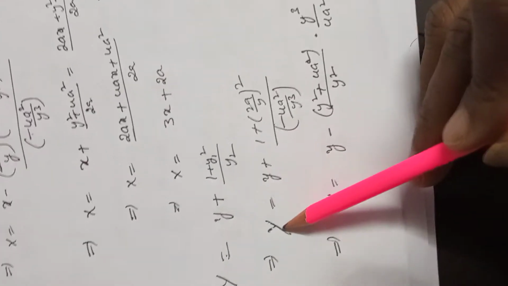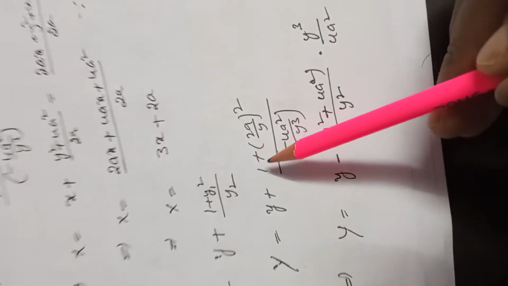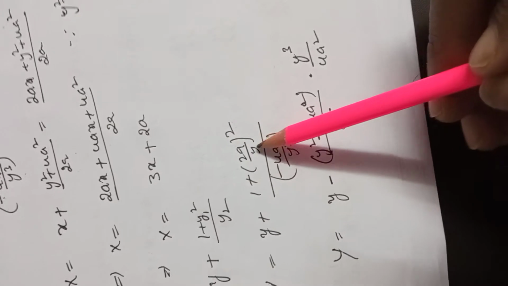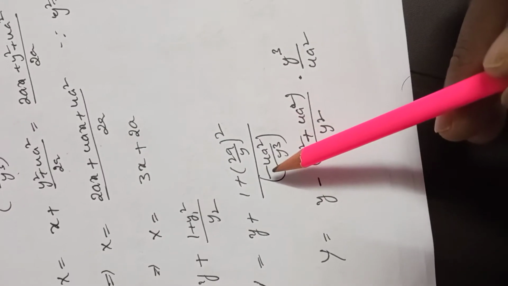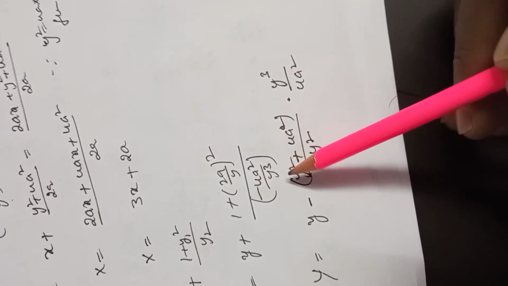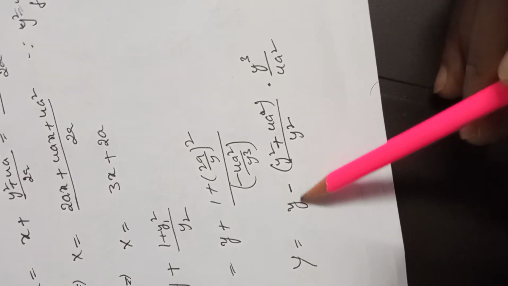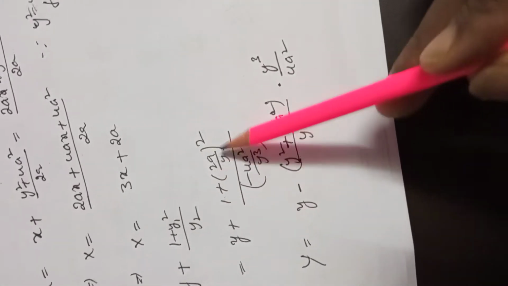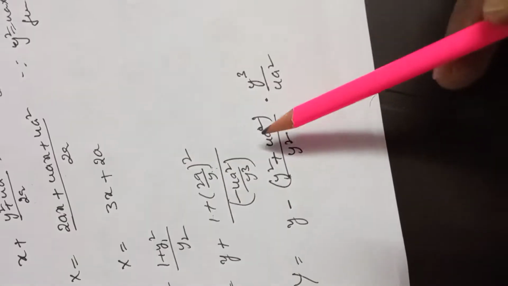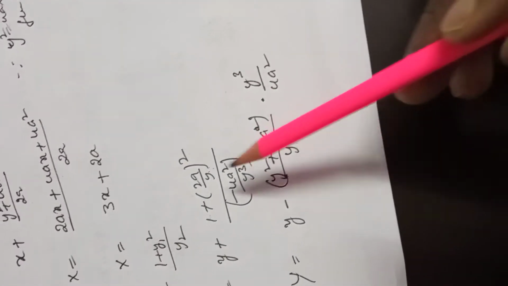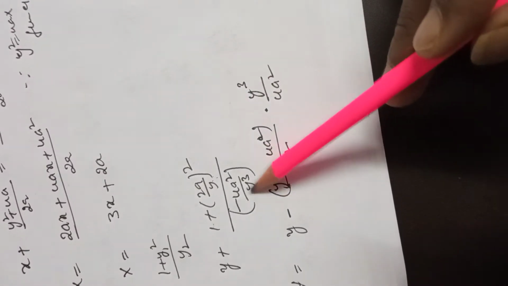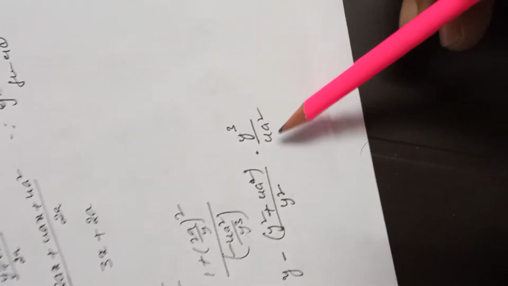Similarly, capital Y is equal to y plus 1 plus y1 square by y2. Capital Y is equal to y plus 1 plus y1, which means 2a by y whole square, by y2, which means minus 4a square by y cube. Capital Y is equal to y minus, here I am taking LCM, y square plus 4a square by y square into this, if you transpose it to the numerator it becomes y cube by 4a square.